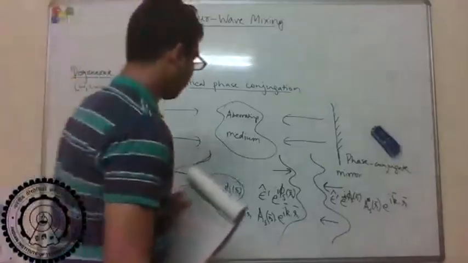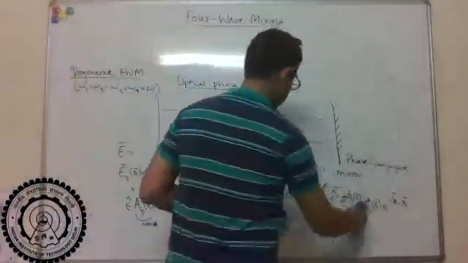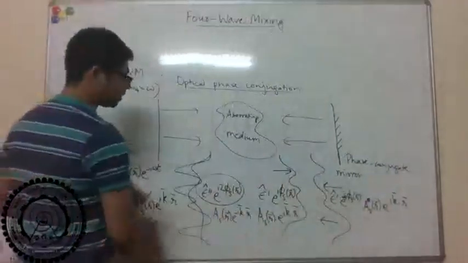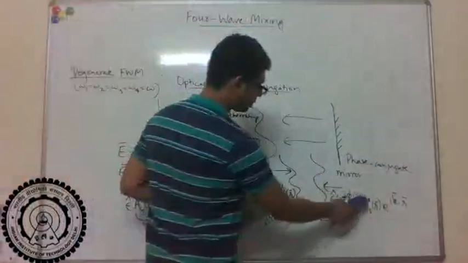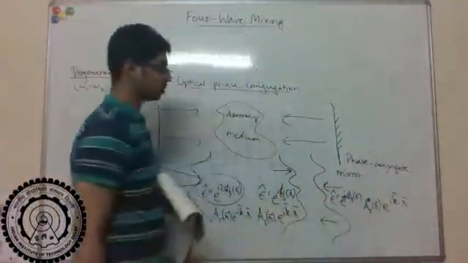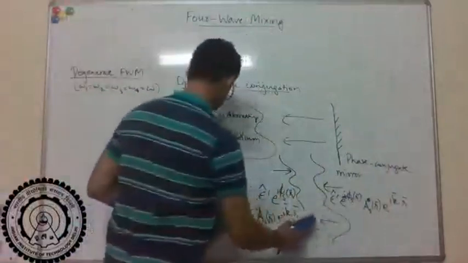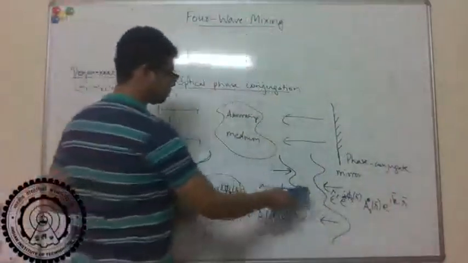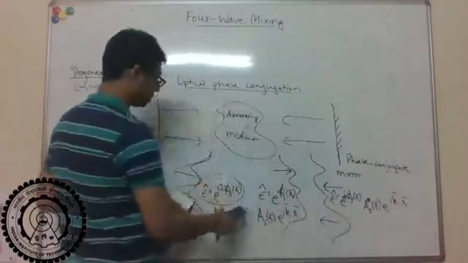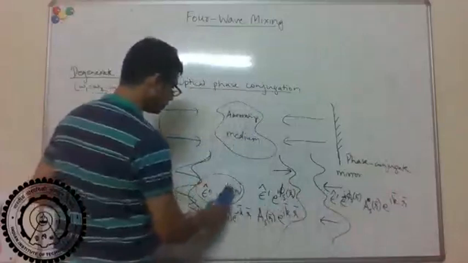And now you see that if I pass through the turbulent medium again, it will add this phase distortion again, but now I have a minus sign. Right? So basically I have a negative of the distortion already on my wave, and then I add the distortion, so basically this goes away.